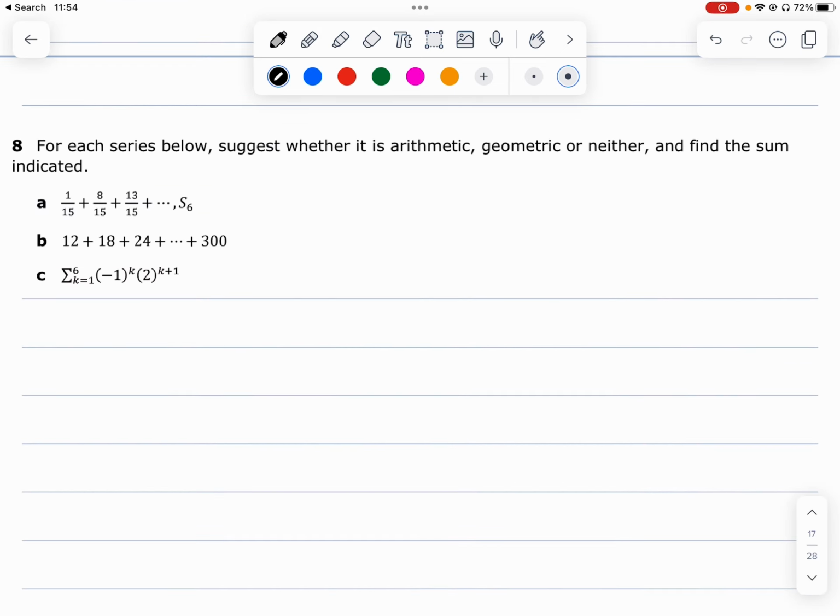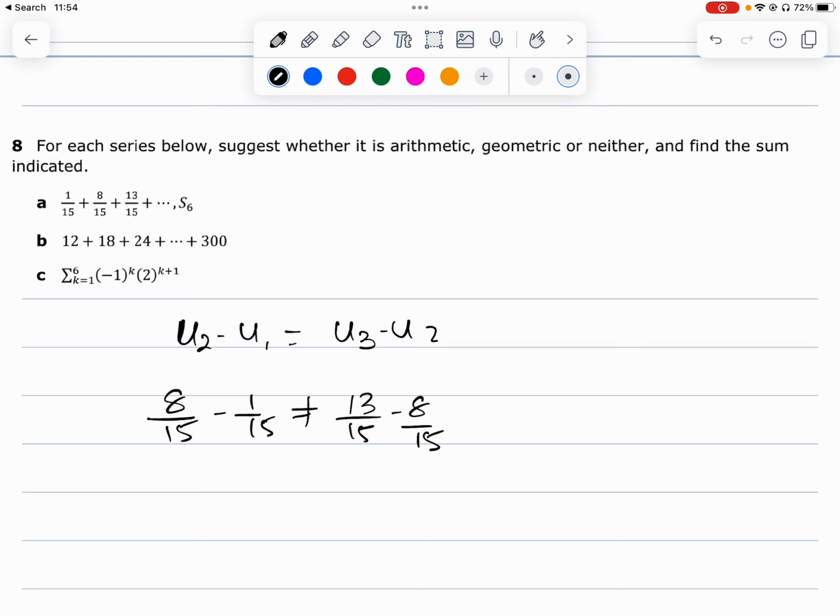For each series below, suggest whether it is arithmetic, geometric, or neither. Find the sum indicated. So the first question. For arithmetic, we need u2 minus u1 to equal u3 minus u2. So 8 upon 15 minus 1 upon 15 is not equal to 13 upon 15 minus 8 upon 15. So it is not arithmetic.